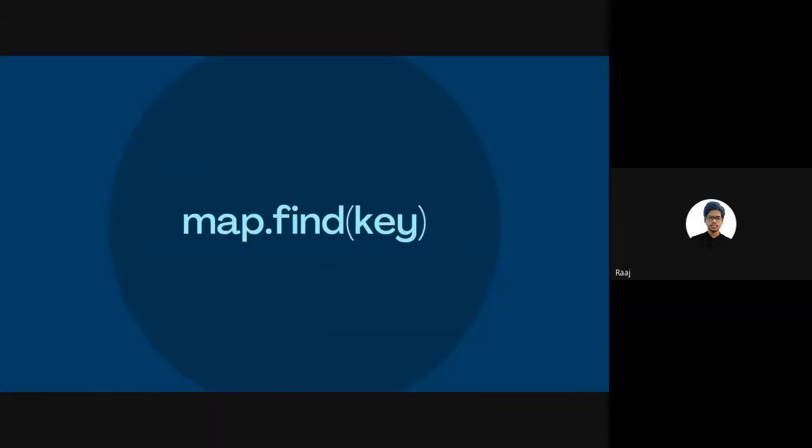We can see find. This find also differs a bit. It really goes and finds something, and it's going to return the iterator having that. It's not that hard. You can actually use it yourself. You just need to say .find and the key. Now this should contain the key.